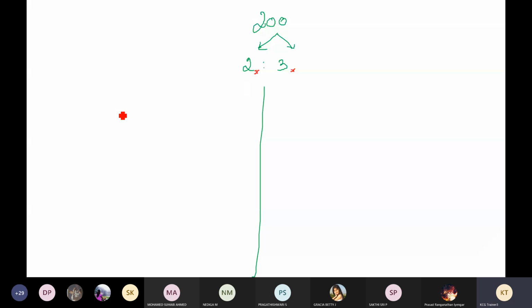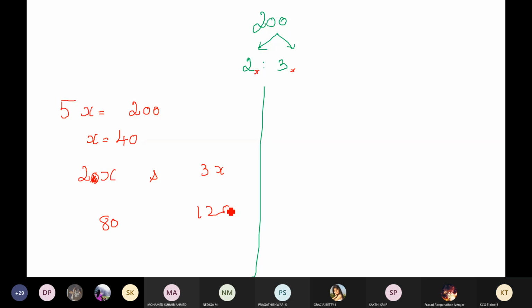So 2x plus 3x is 5x, and 5x is equal to 200, so x is equal to 40. My required answer is 2x and 3x: 2 into 40 is 80, and 3 into 40 is 120. This is how you split ratios.